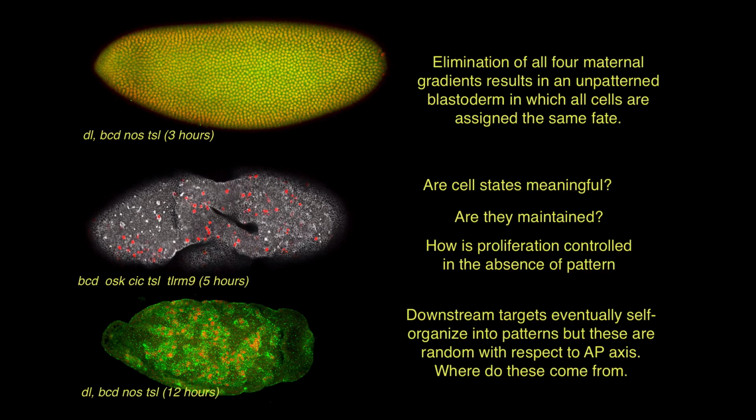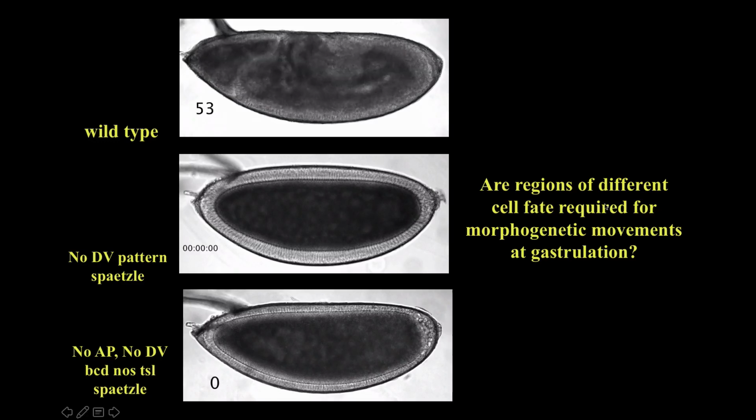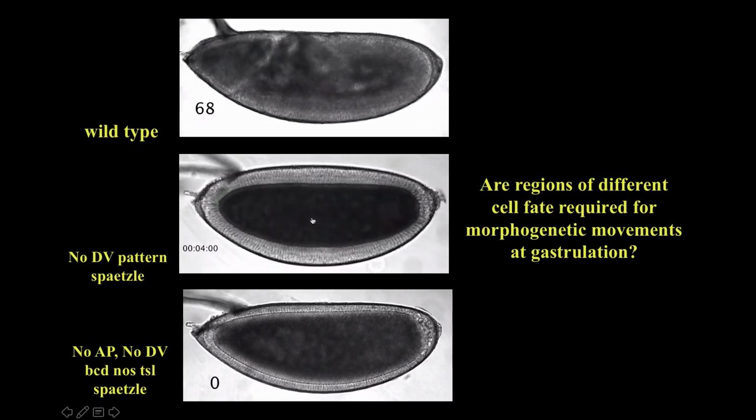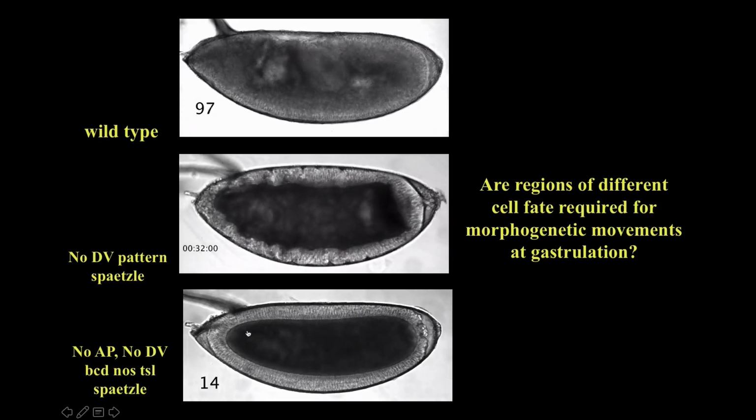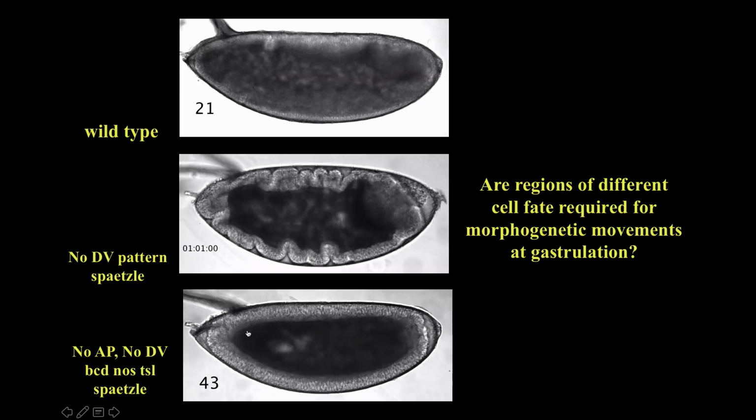Now, any of you who know me would know that I wouldn't just stop looking at a bunch of dead embryos. My particular love has obviously been watching gastrulation. And so one of the things that's kind of interesting for me at the moment is to follow and compare. If you have no dorsal ventral pattern, all the cells are uniform along the dorsal ventral axis.